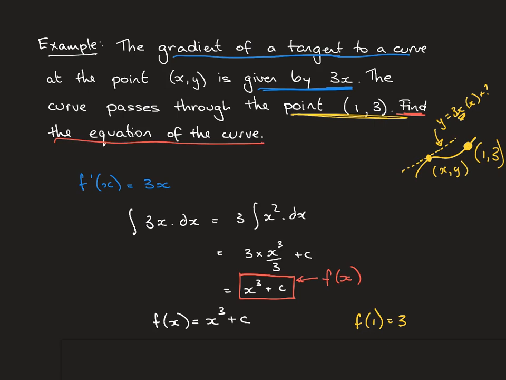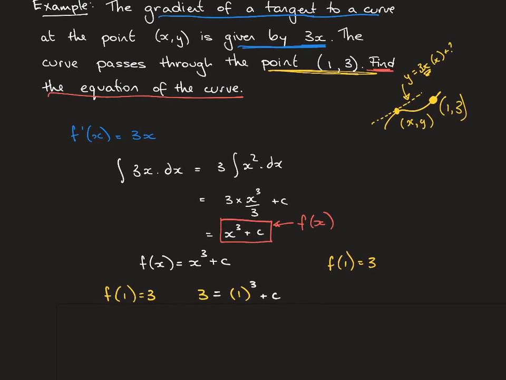So we're going to substitute those two values into our formula for f of x. Our y value goes in here, it's equal to 3. We substitute our x value into our formula, and we find 3 is equal to 1 plus c, so c is equal to 2.